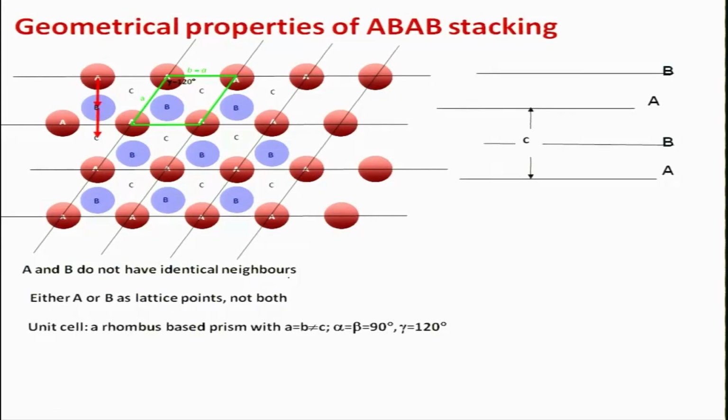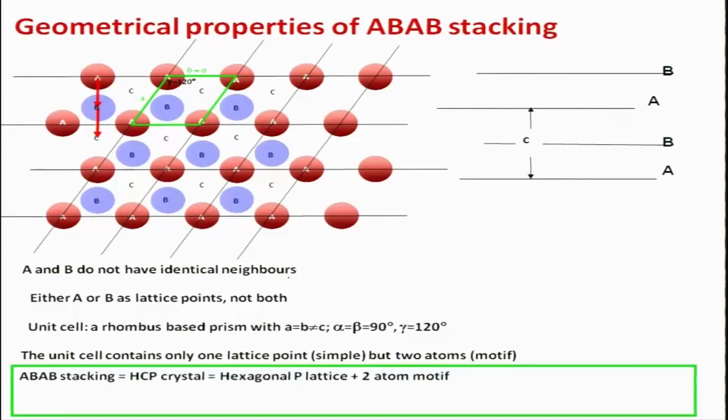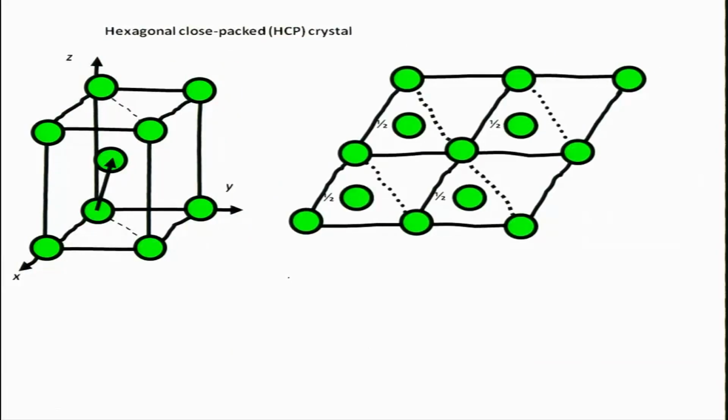That is why the unit cell contains only one lattice point, but two atoms. You do not consider both of them as different lattice points. So this is the hexagonal close packed structure.